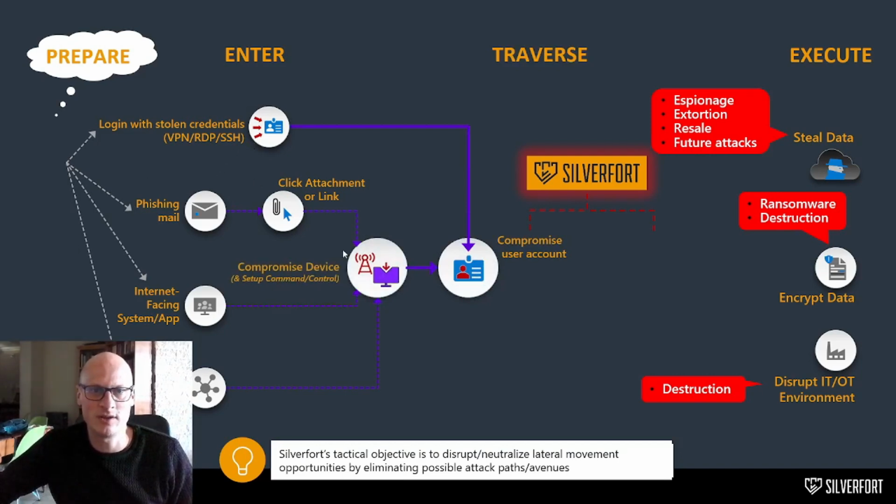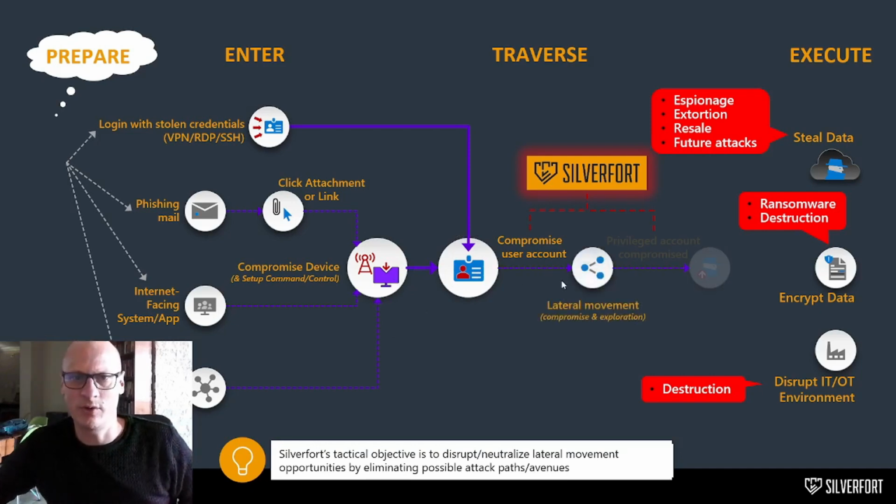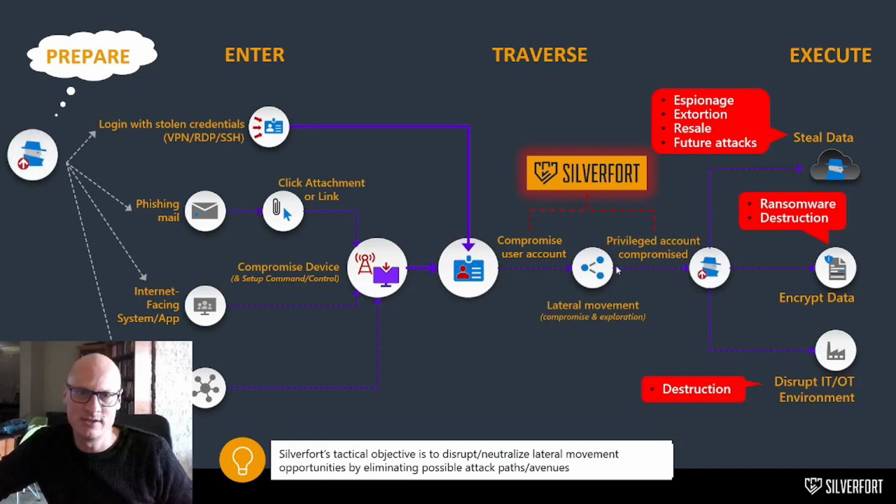Once they succeed in one of these, they get to the endpoint, the compromised device. I've compromised it through malware and I've got a backdoor, or through legitimate credentials, I've got a compromised account already. And then once I've got that, I want to move laterally within the environment. I want to move from that workstation to a server, for example. I want to steal more credentials.